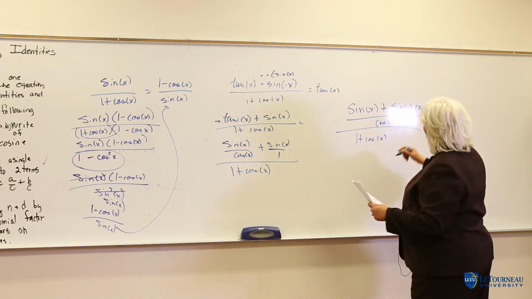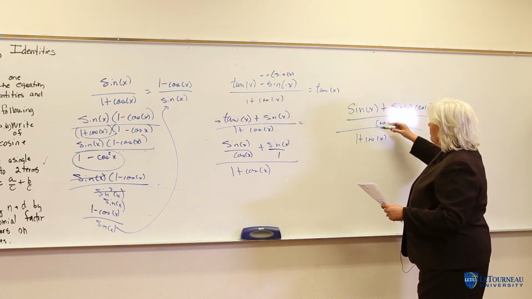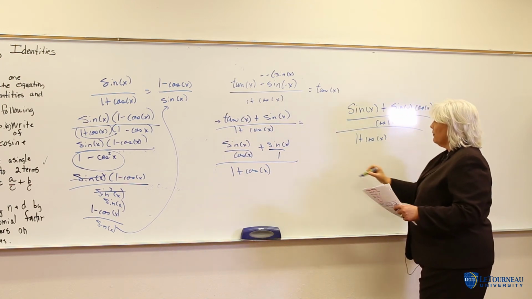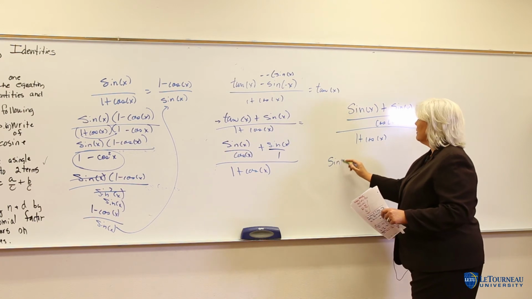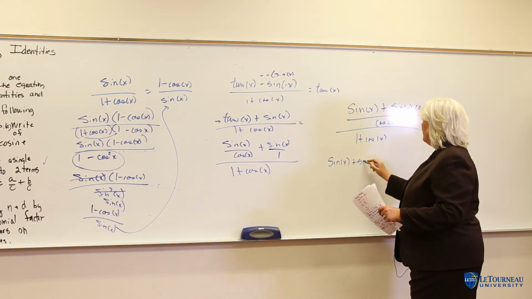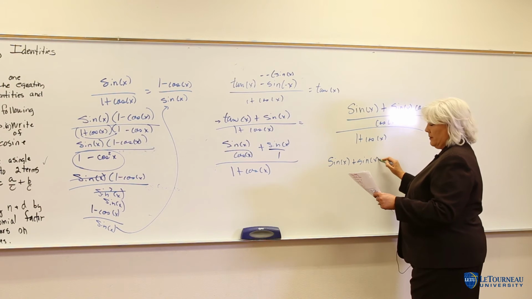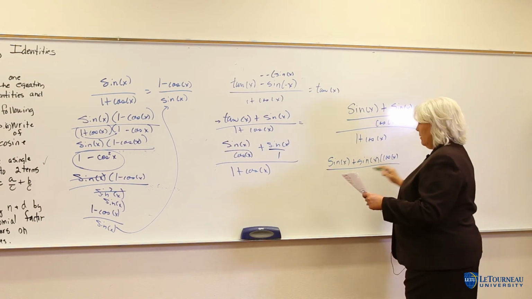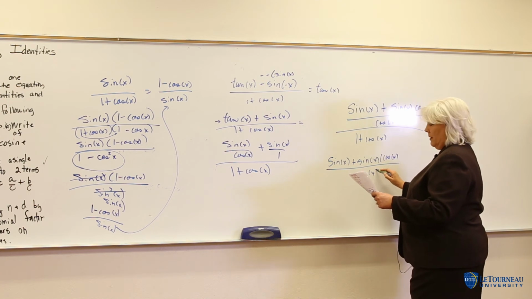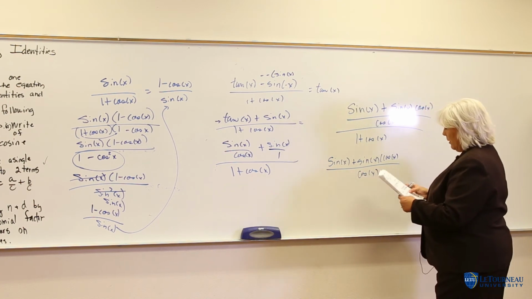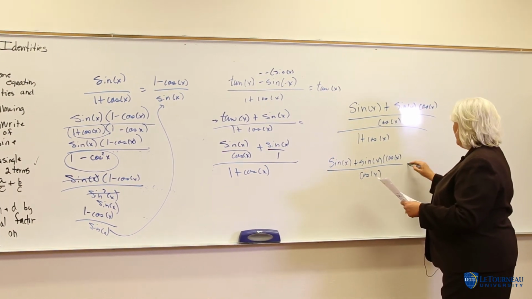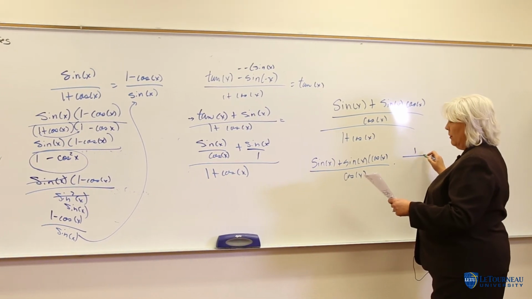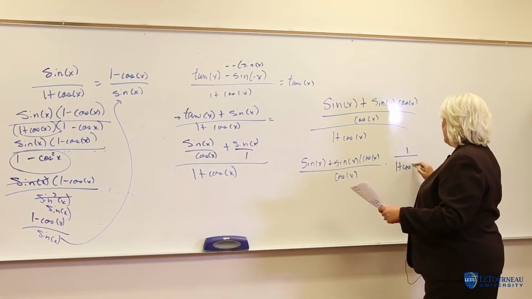Okay. Since this is a fraction, remember when you divide fractions, you have to invert and multiply. So that's going to look like sine x plus sine x times cosine x, all over cosine x, times 1 over 1 plus cosine x.